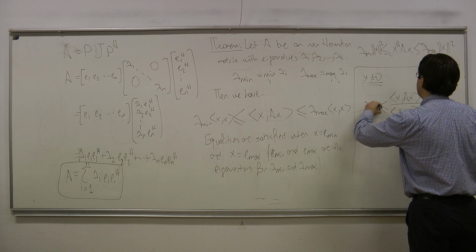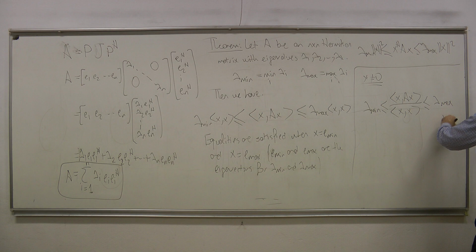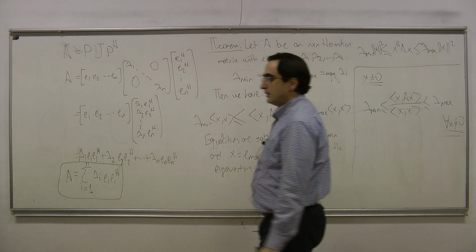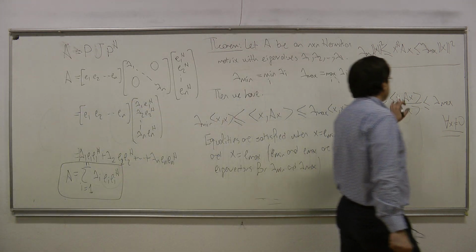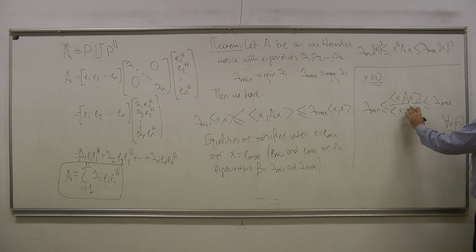This should be true for all non-zero x. So this theorem is telling us that this ratio is always between lambda min and lambda max when x is non-zero.